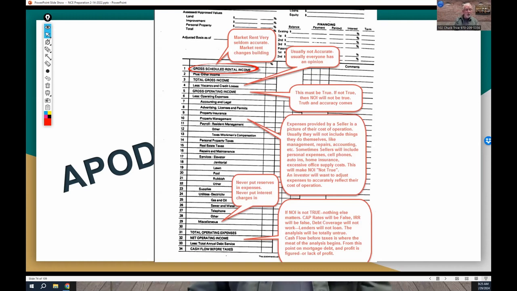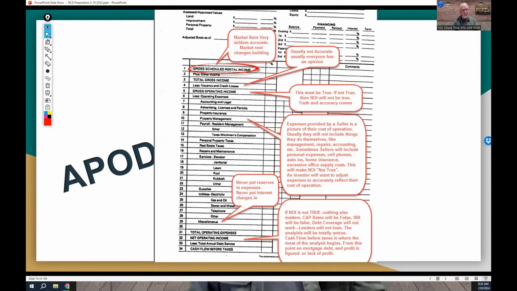And reserves, have you ever seen reserves in an APOD? A lender will oftentimes require you to have reserves. I've seen 5,000 to 50,000 in reserves. Now, if you're giving me that APOD, is that my money that you're reserving? Because I'm going to ask for it if it's in the APOD.